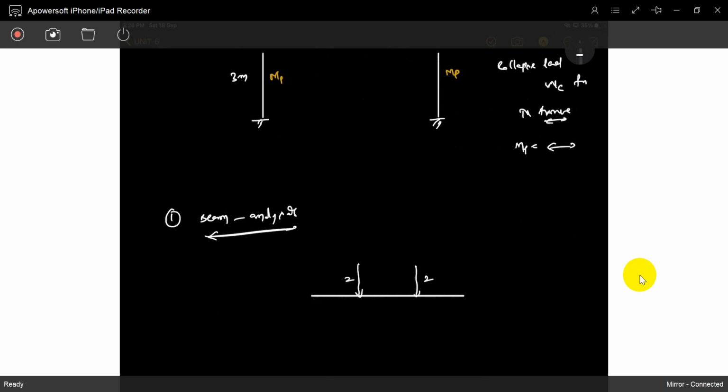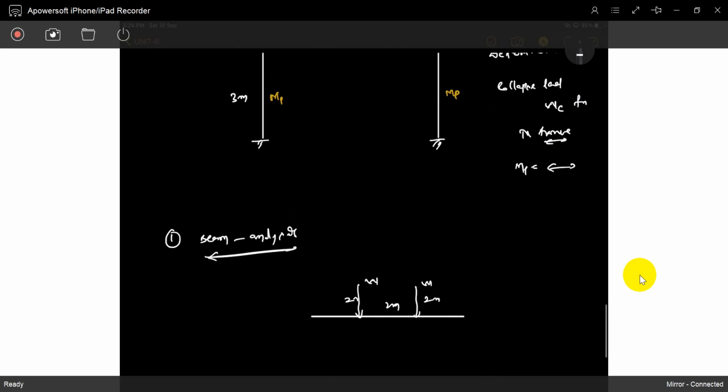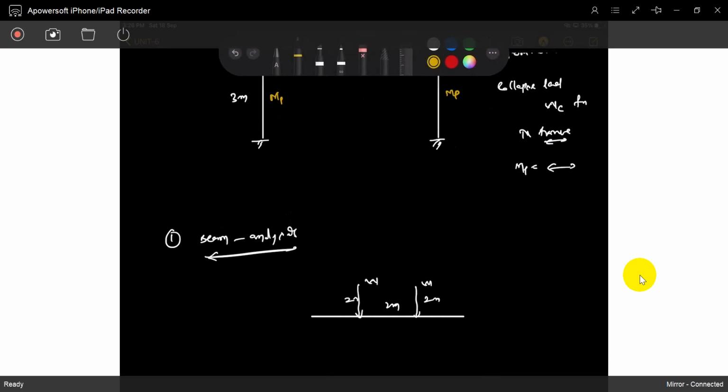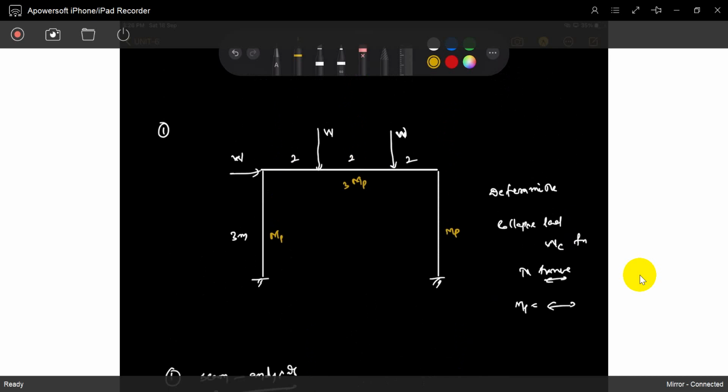It's 2 meters, 2 meters. Load is W, which we already know. The plastic hinges are formed here, here too. So where is the third hinge formed? At center or under the load? In any case, if a concentrated load is acting, the third plastic hinge is formed under the concentrated load only, not at center.